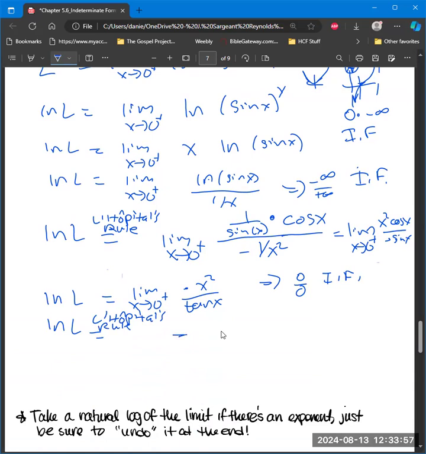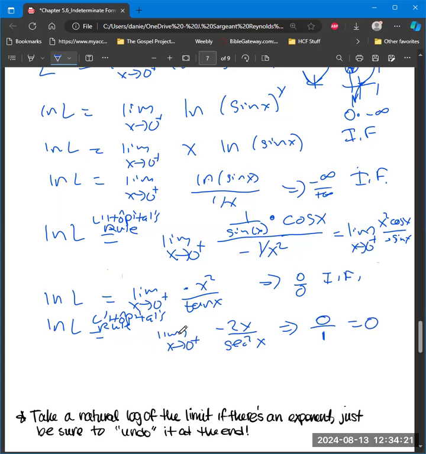And that's going to be equal to the limit as x approaches 0 from the right of negative 2x over secant squared x. Now I'm going to evaluate that to be 0 over 1 times 1, which is 0.